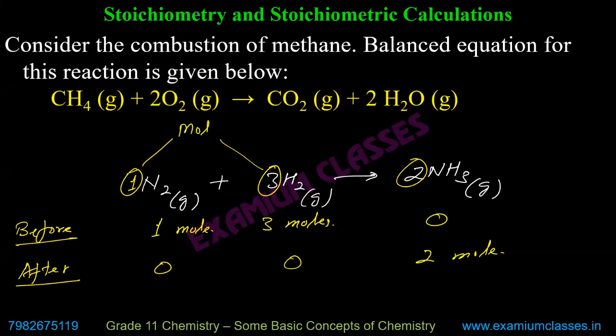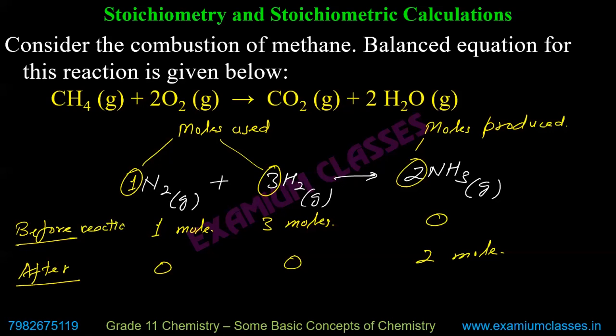Sir, when do we consider the coefficients of one and when zero? Zero, what do you mean? Sir, here you have written before, after. I'm getting confused in this part. Before means the reaction has not started.